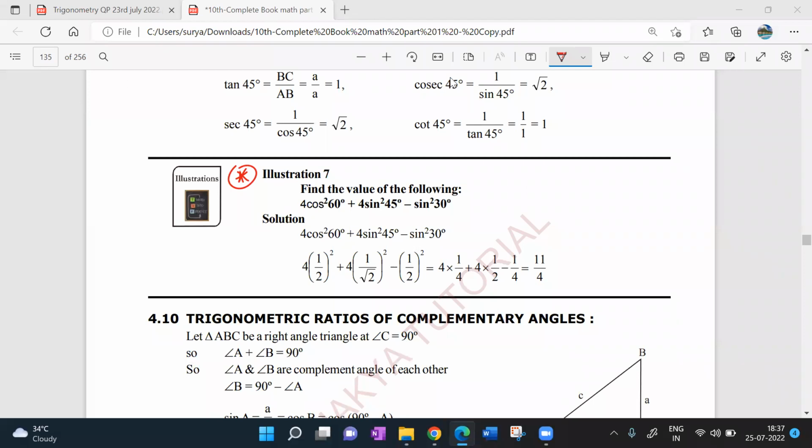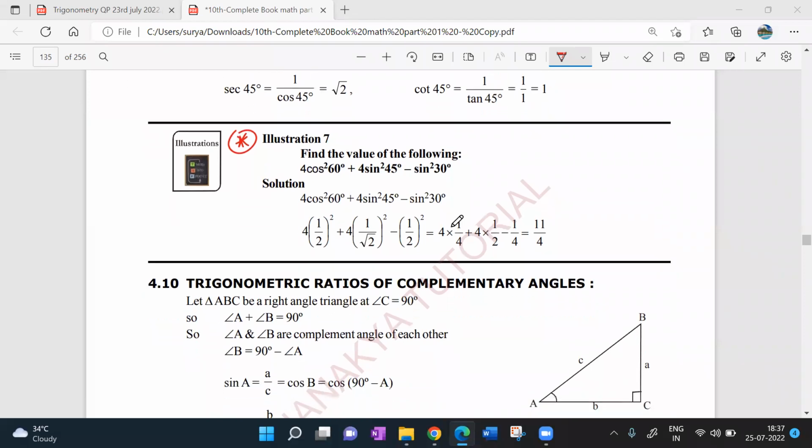Okay. Aaron, very good. Look at this here, guys. 4 times cos square 60. Cos 60 is 1 by 2 whole square, plus 4 times sine square 45, which is 1 by root 2 whole square, minus sine square 30, 1 by 2 whole square.